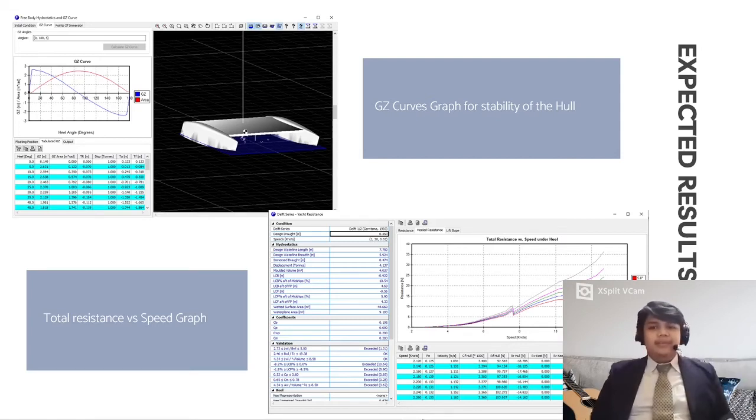The second data will be the total resistance against speed graph. This will show the resistance the hull endures under movement at specific speeds. This data will be used to find suitable power for the hull to overcome the resistance. As you can see in the graph right here, there is a dip in the resistance line near 8 knots of speed.